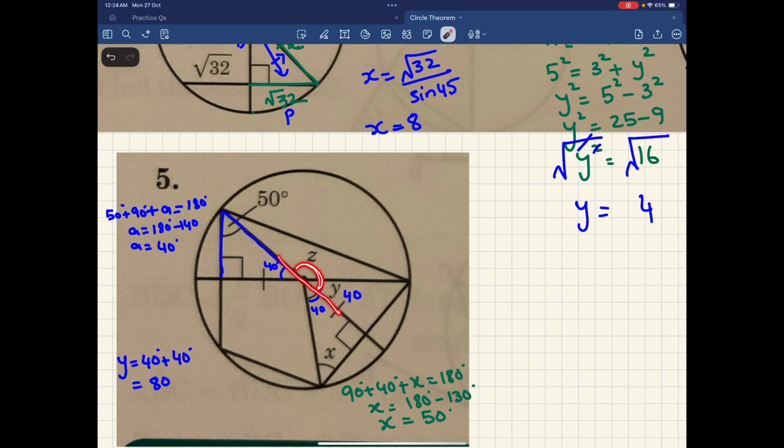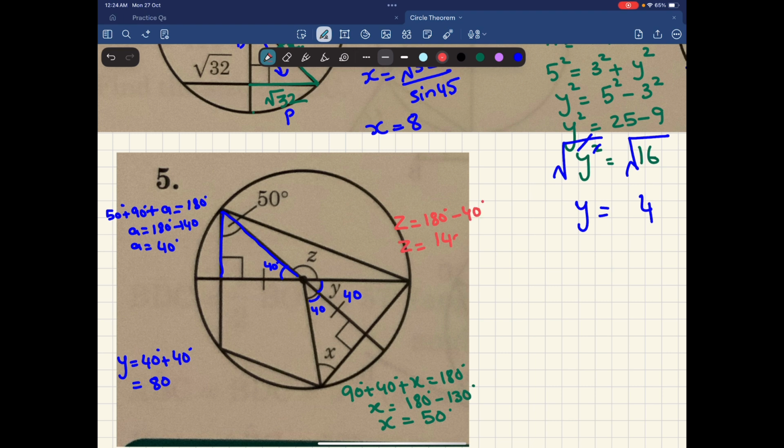So if this is 40, angle z is going to be 180 minus 40. So z is going to be 180 degrees minus 40 degrees, which gives you the value of z as 140 degrees, right? So this should add up to 180. Since this is 40, this will be 140. So 140 plus 40 gives you 180.